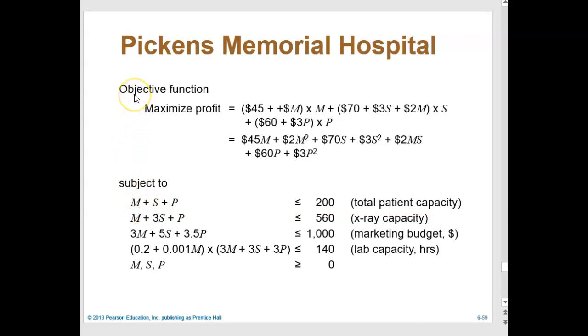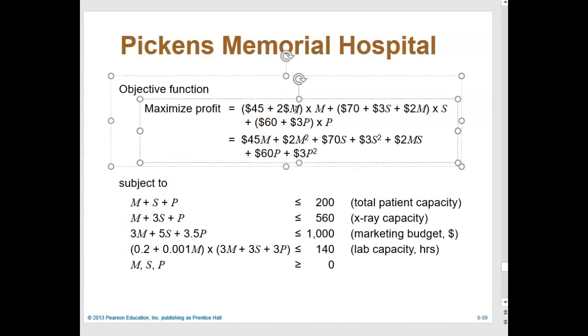The next step is to define the objective function for our particular problem. And this is where we're going to use the profit contributions which were given 2 slides ago. So we saw from the previous 2 slides that the profit contribution for each medical patient is 45 plus 2M. Sorry, there is a typo here.